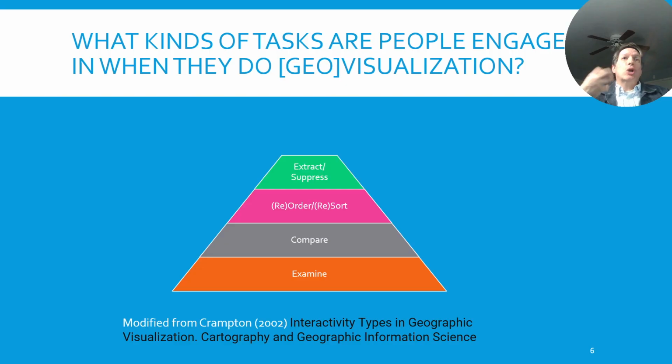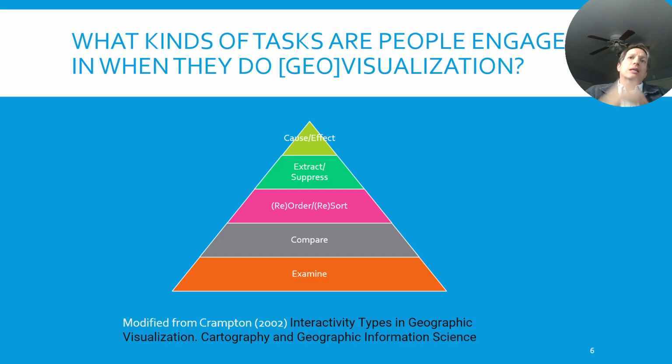Then we can extract or suppress noise, or try to filter or focus on some particular signal. And of course, at the end, we are going to be able to establish that cause-effect relationship.